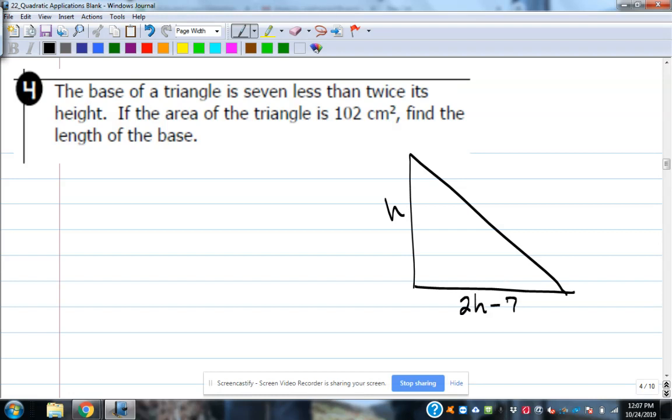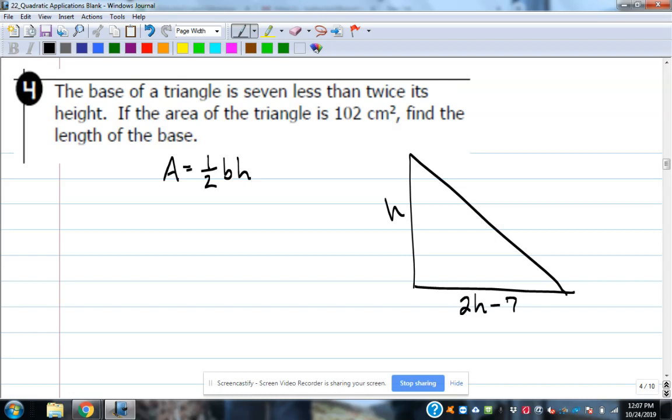How do we find area of a triangle? What's the formula for that? Half times base times height. That's a formula that you probably use. You don't have to have had geometry to know that formula exists. If you don't know that formula, learn it. It's needed.